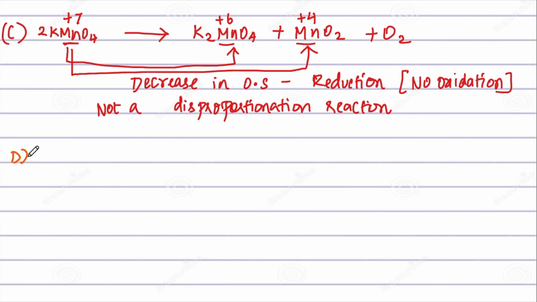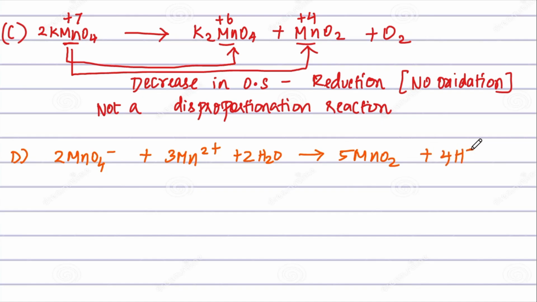So the fourth equation is 2MnO4 minus plus 3Mn2 plus plus 2H2O gives 5MnO2 plus 4H plus. So here you have to see the oxidation state of manganese in reactant and product. The oxidation state of manganese in MnO4 minus is plus 7. Then here it is present in plus 2 oxidation state.